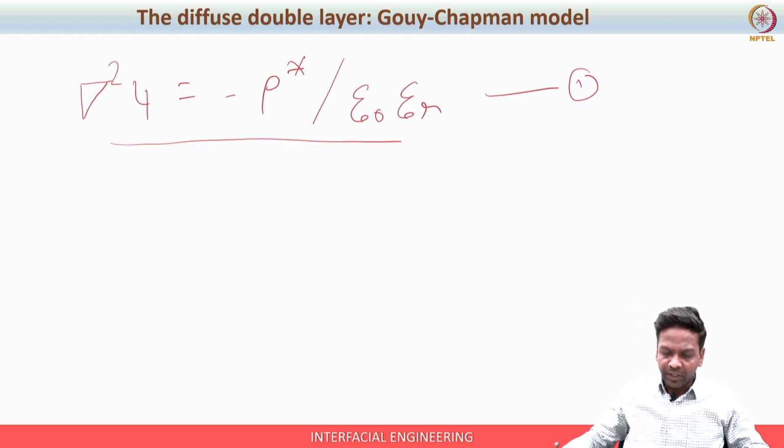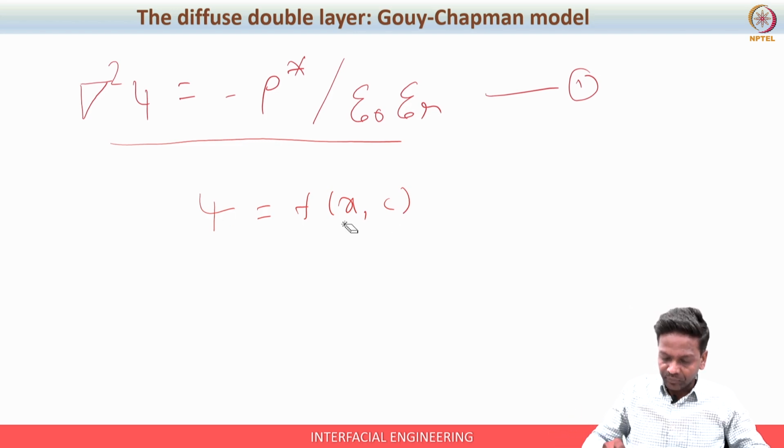Our first step will be to incorporate a function that will describe the random distribution of ions. And then we have to get the equation for psi as a function of distance as well as the electrolyte concentration. That is exactly what we are going to look at.